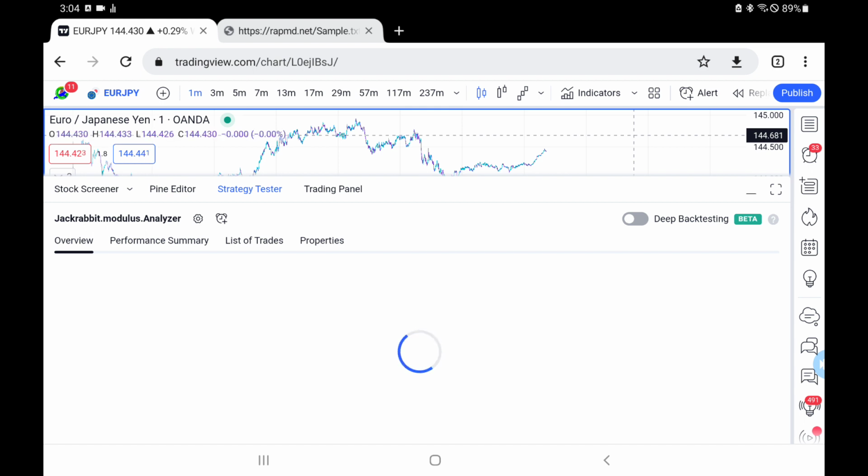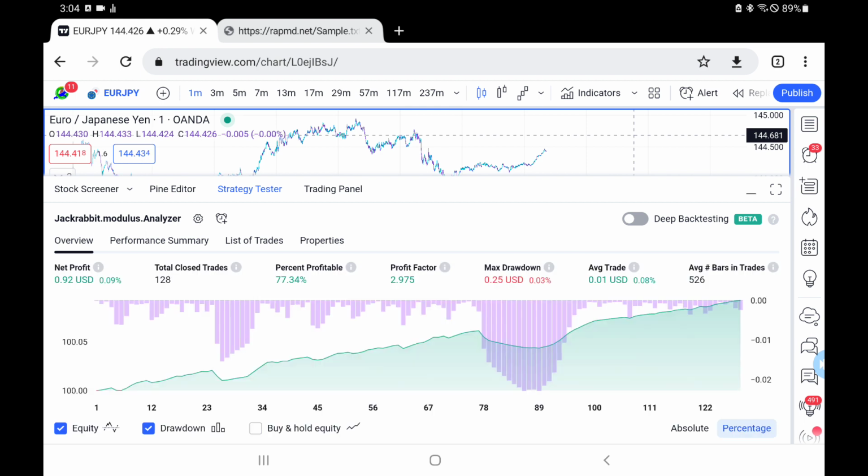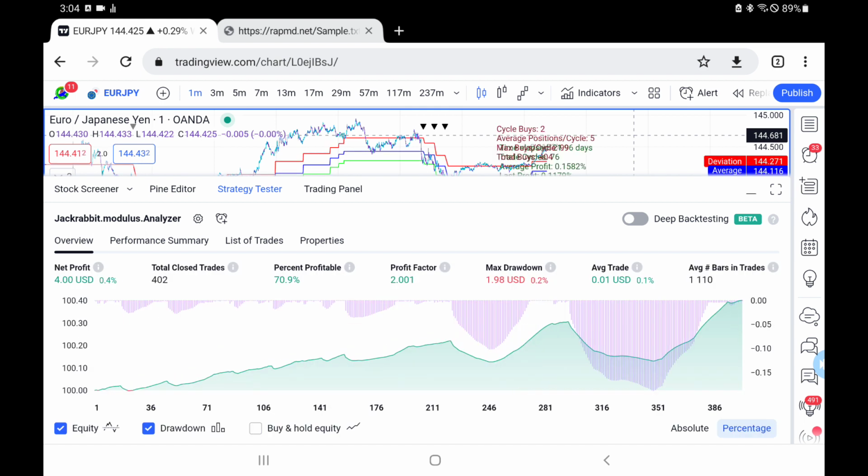So let's keep looking at some of these various trades. This is the critical point. Always look at your information. This particular pair brought in 402 closed trades. That is quite a nice amount of trading.